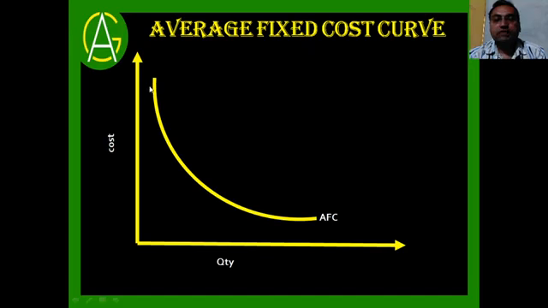So the average fixed cost curve is downward sloping, that you need to remember. The second thing you need to remember is its shape: rectangular hyperbola or convex to the origin. It will never touch the x-axis, because average fixed cost can never be zero.